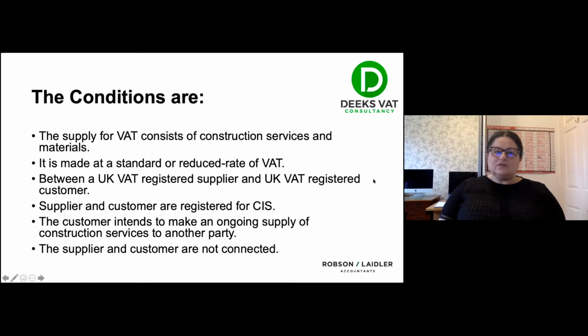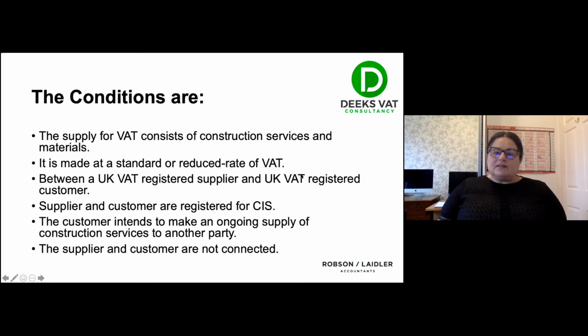First of all, the supplies consist of construction services and materials. The supply has to be a standard rated or zero rated supply. If you were making some kind of exempt supply, or zero rated supply, say of a new building, then obviously this wouldn't apply because there's no VAT for HMRC to worry about the fraud situation of.